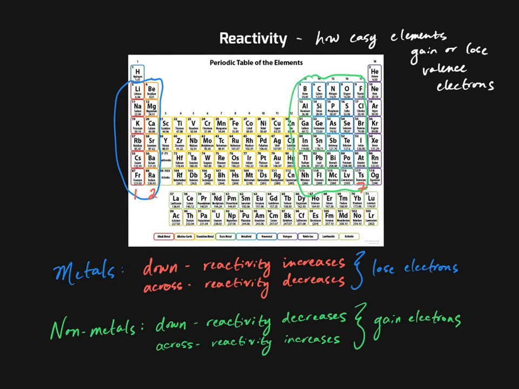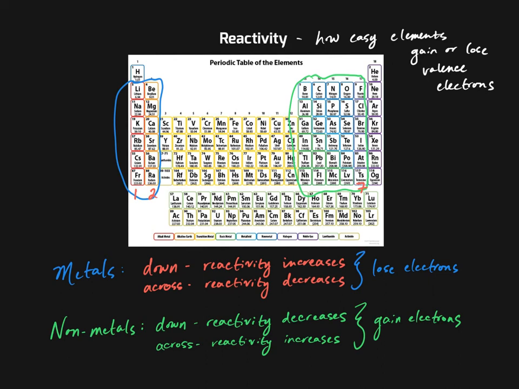The same thing can be said when we move across. We know that our atomic radius decreases, so protons here have more of an attractive pull to gain that electron than these boron protons do to gain those additional electrons.